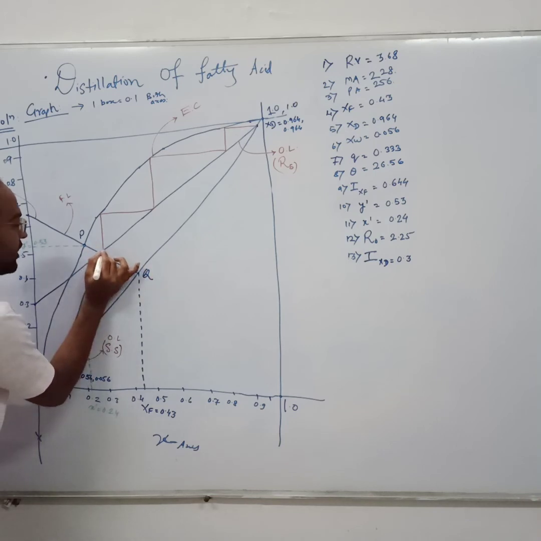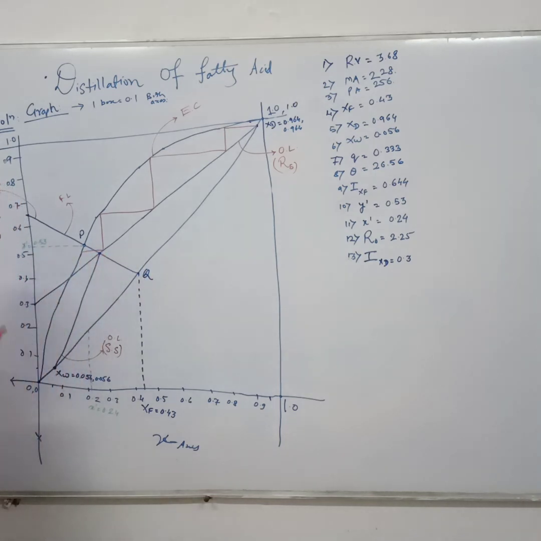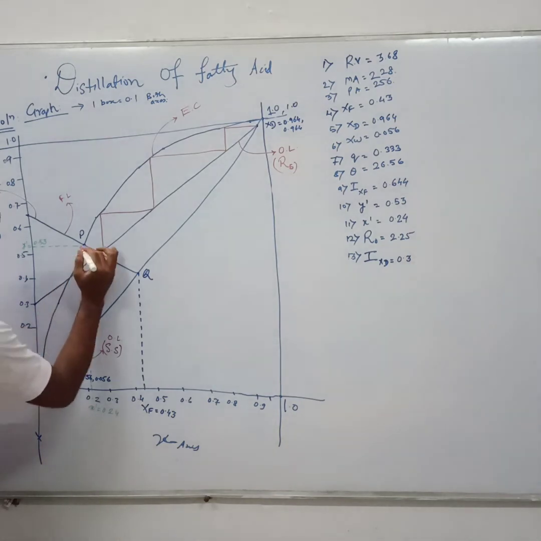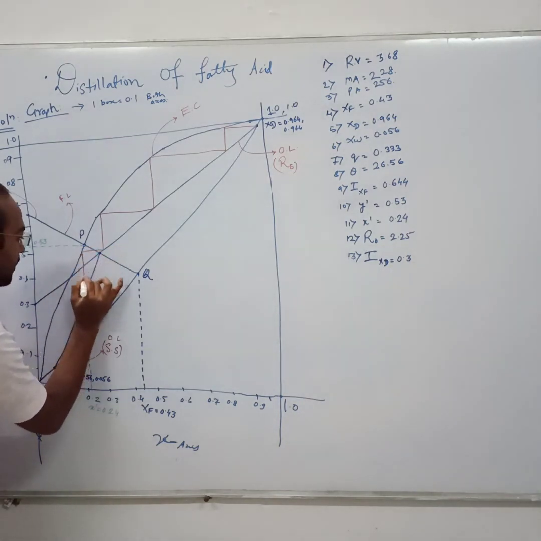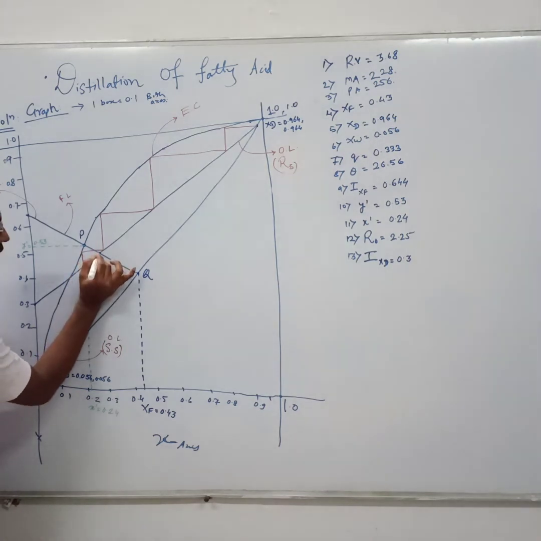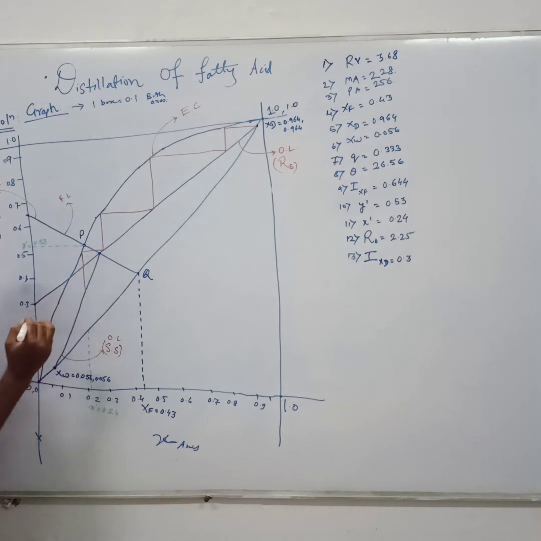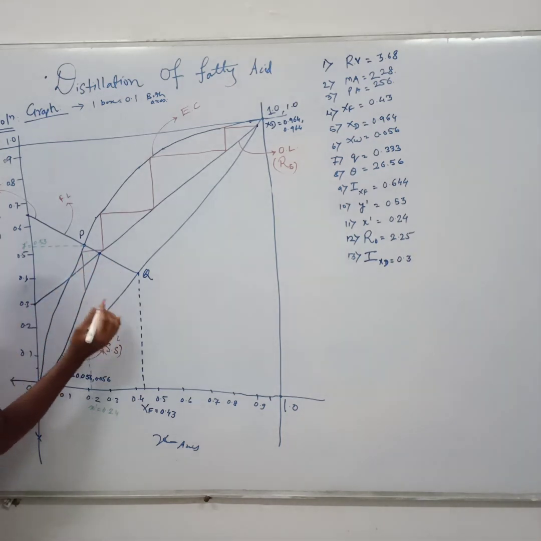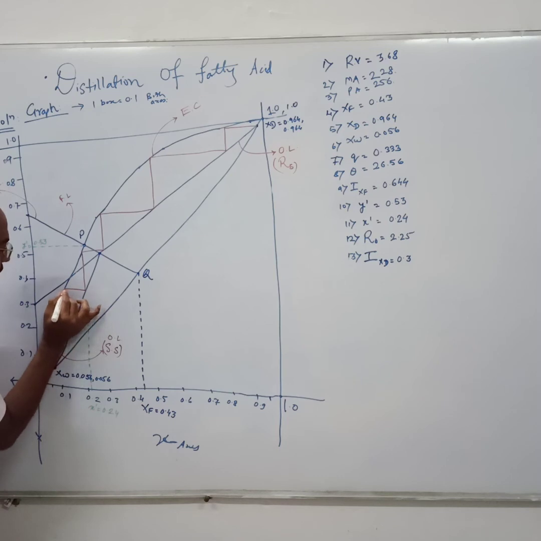So you initially draw one horizontal line till the equilibrium curve, then drop this line down to your stripping section, because the rectification section has ended here and the stripping section starts. So you need to go below this point. Now similarly you just draw these lines.